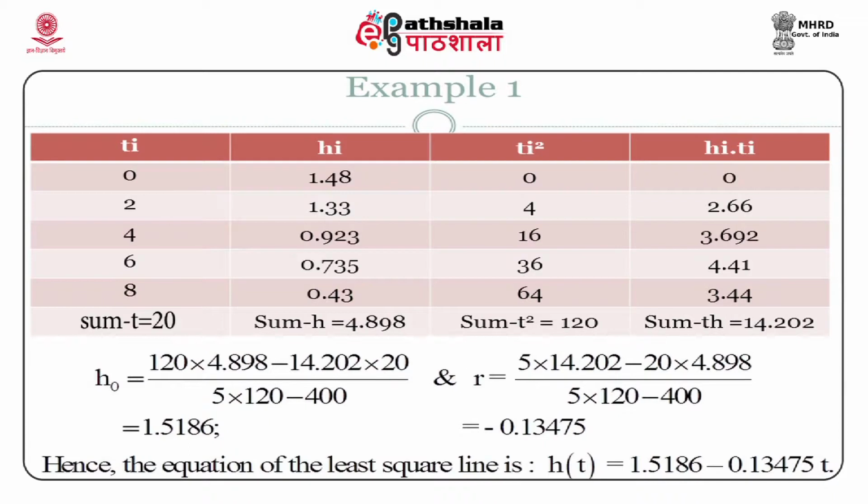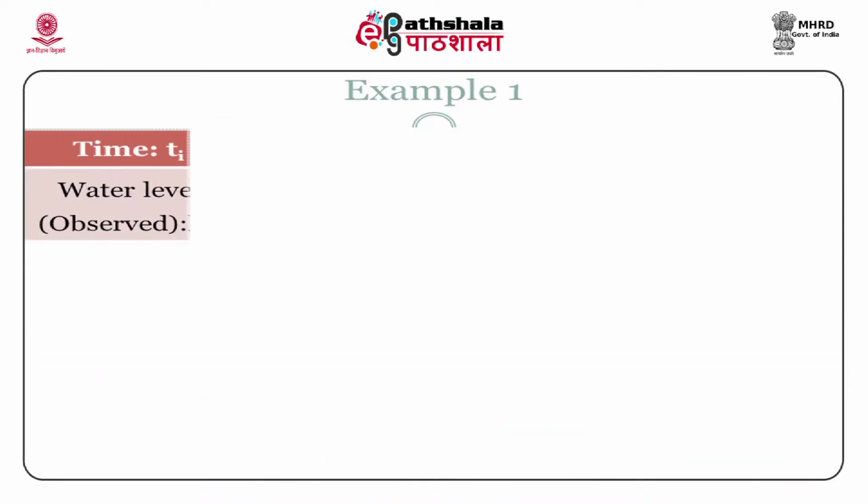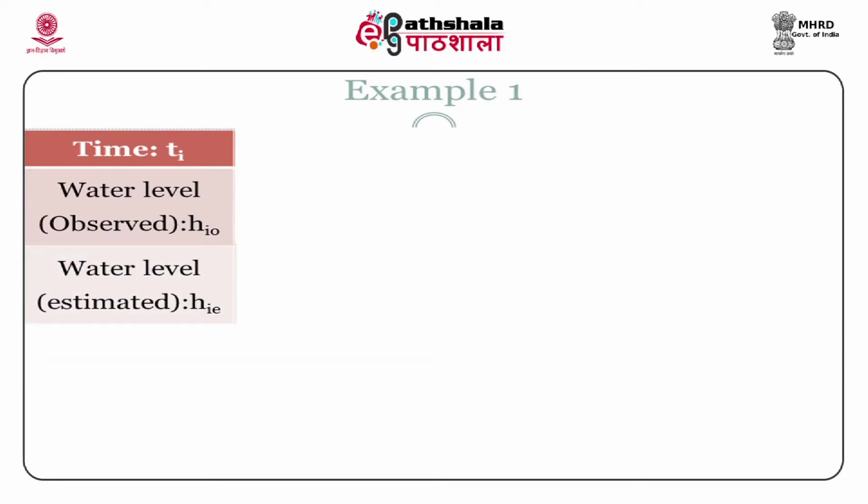Now if you compute the water levels estimated, and we already have the observed water level and the water level estimated by the theoretical relationship, and compare all of them together, then we can find out how much error we are getting in each of these cases. In the next table, the first row gives the time values Ti, the second row gives the water level observed as mentioned earlier, then the water level estimated, obtained using the relationship we already predicted.